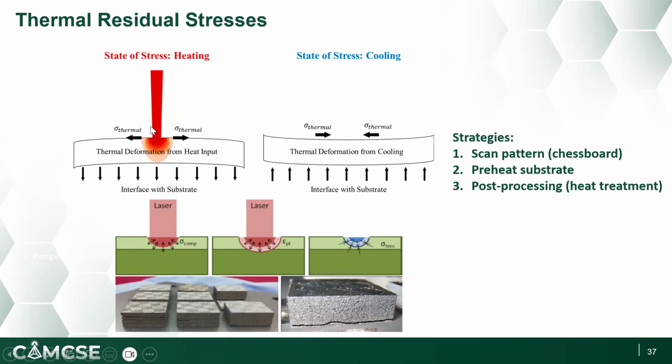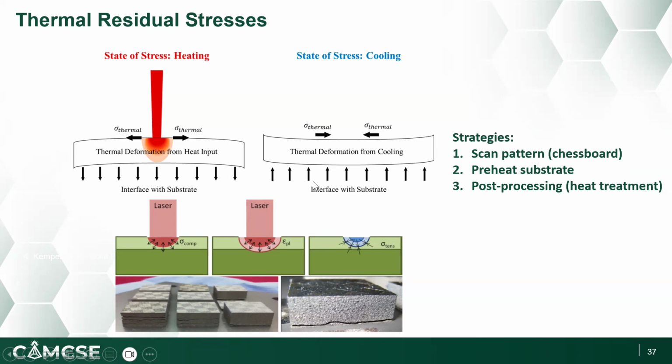This local region is very hot. However, the surrounding material as well as the substrate is cold. So the melted pool is hot and tends to expand, whereas the surrounding material and the substrate are cold and constrain the expansion of the melted pool. So this will induce a compressive residual stress onto the melted pool, right?